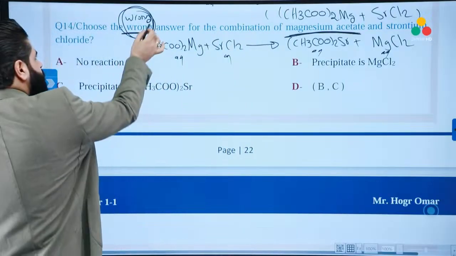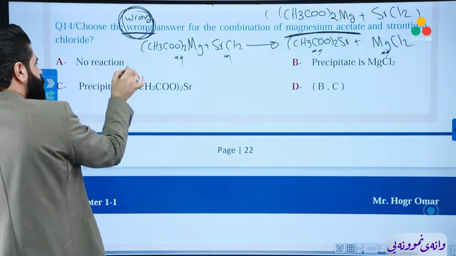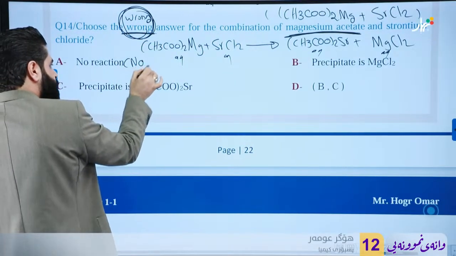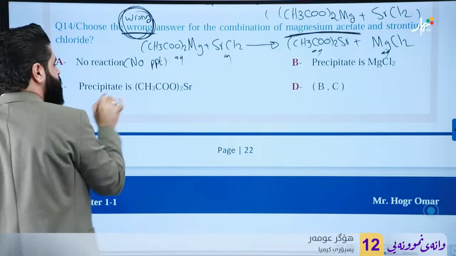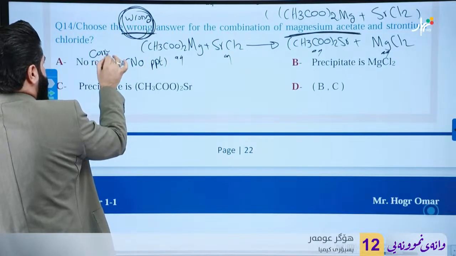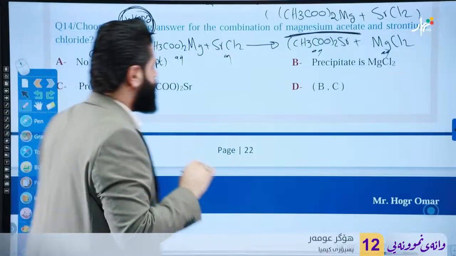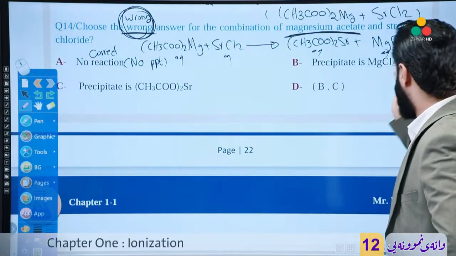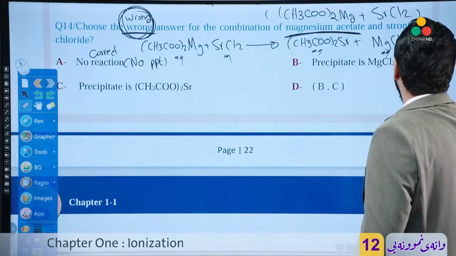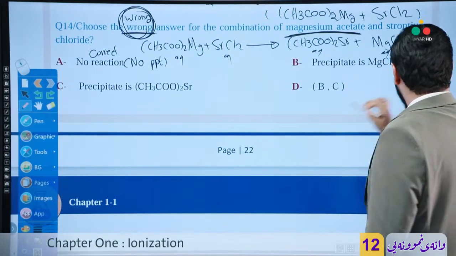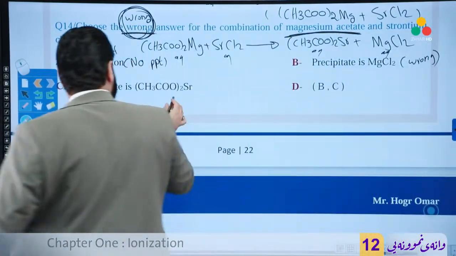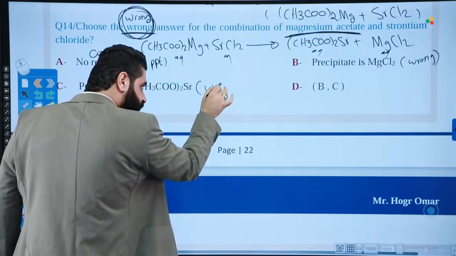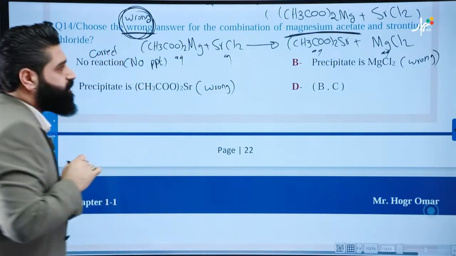Look, I'm looking for the wrong answer. No precipitation occurs. No PPT occurs. Yeah, this is correct. How about this? Precipitate is MgCl2. No, there's no precipitate. So this is wrong. Precipitate is this one. This is also wrong. So select the wrong answers.